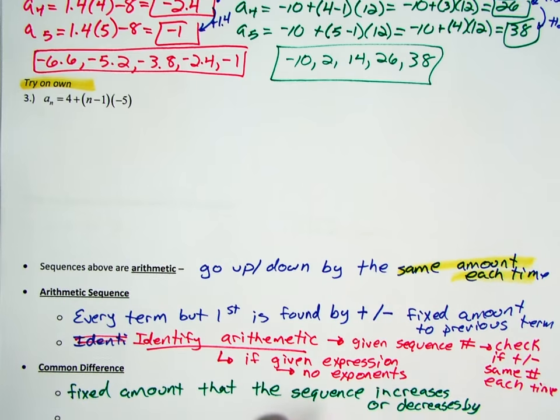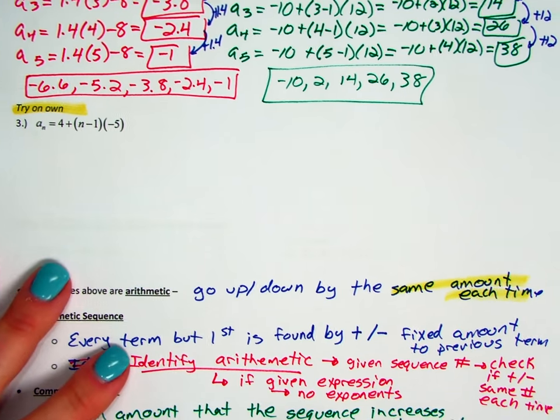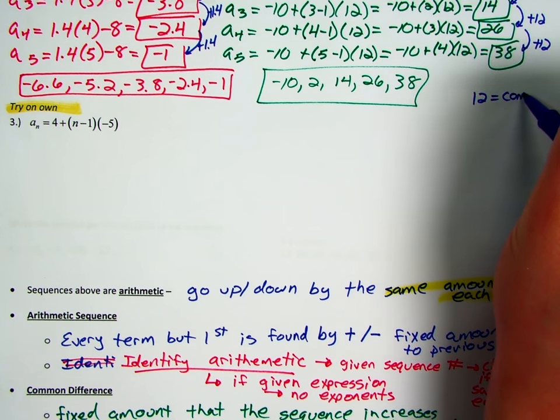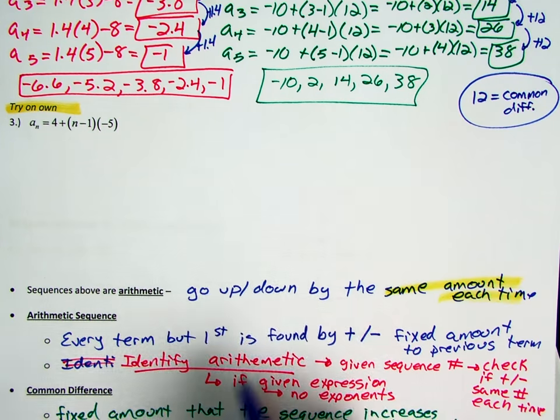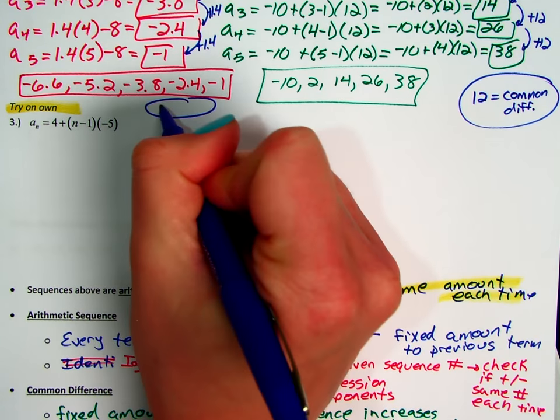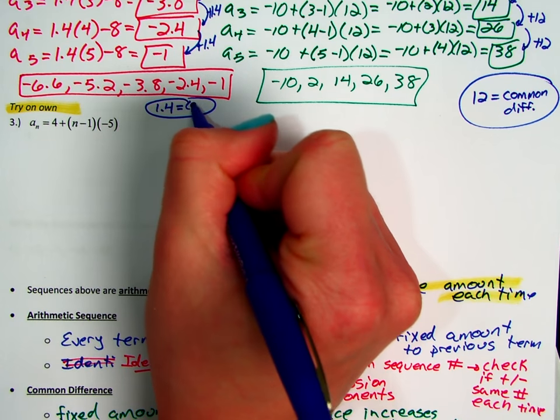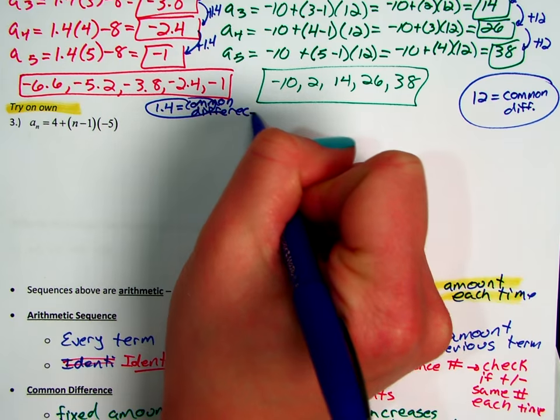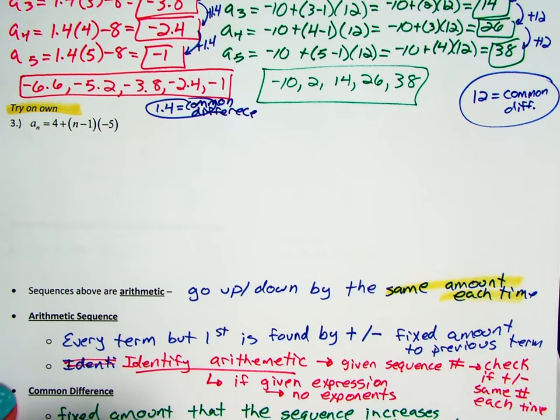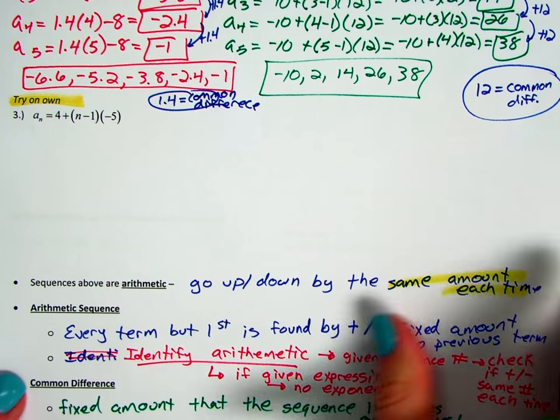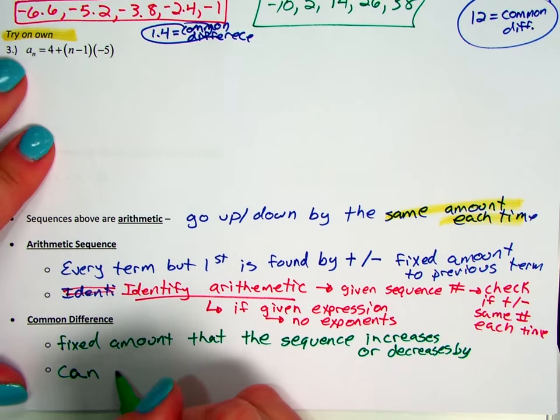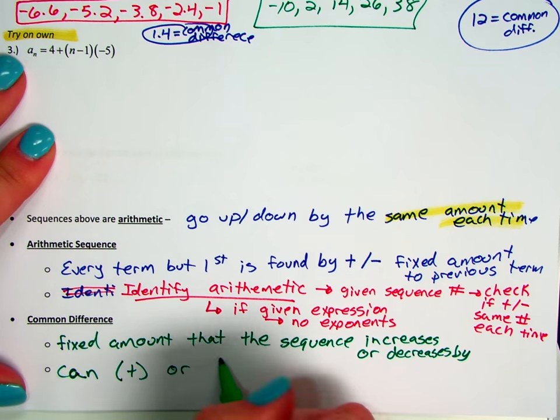If I'm looking at this one up here, 12 equals the common difference because that's how much it's going up or down by. Whereas here we are going up by 1.4, so 1.4 is the common difference. However much you're going up or down by to get from one term to the next, that's your common difference. And you should know that it can be positive or negative. If you're going down, it would be negative. If you're going up, it would be positive.